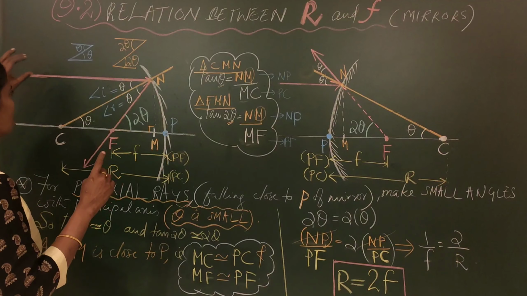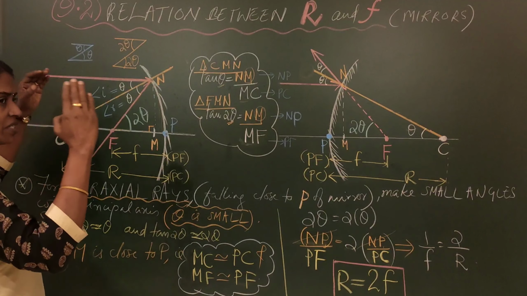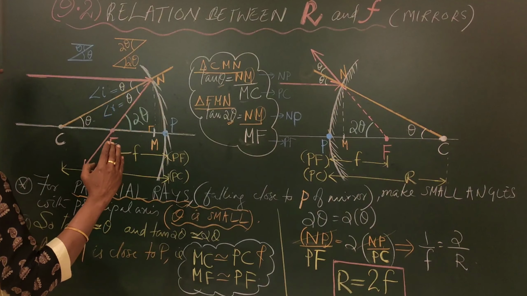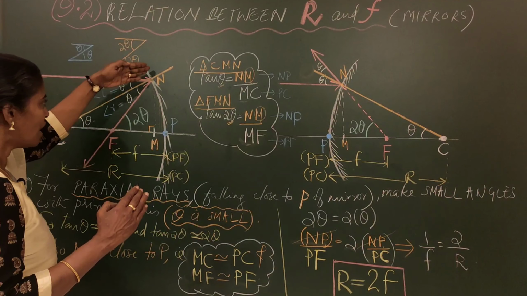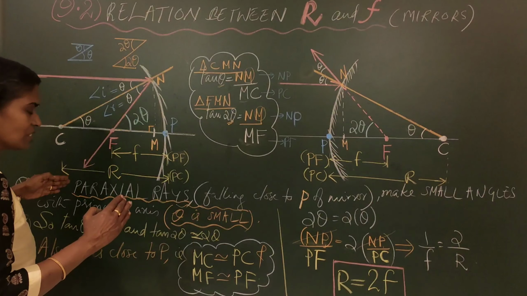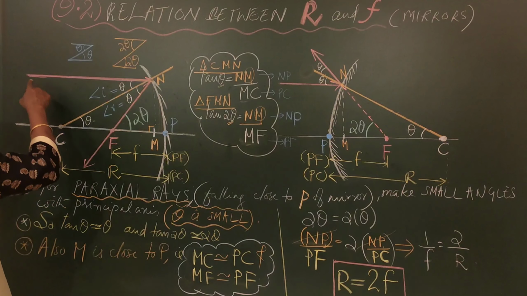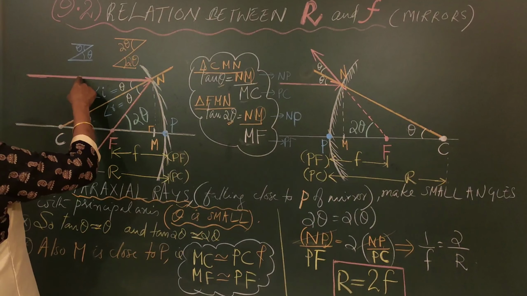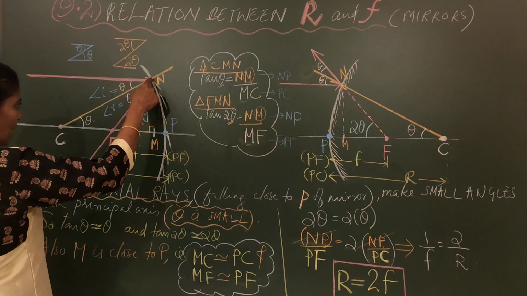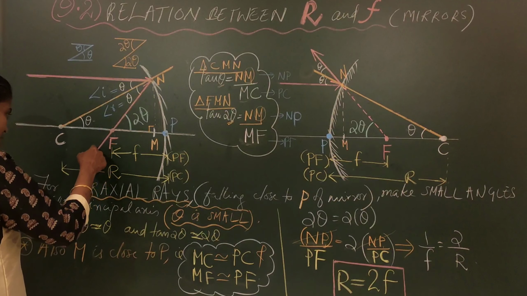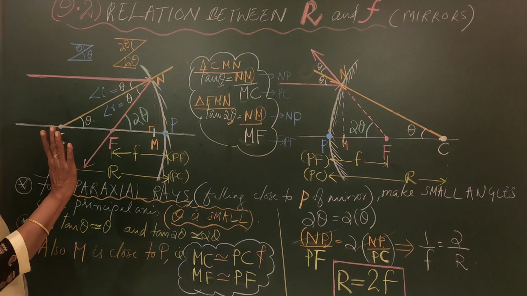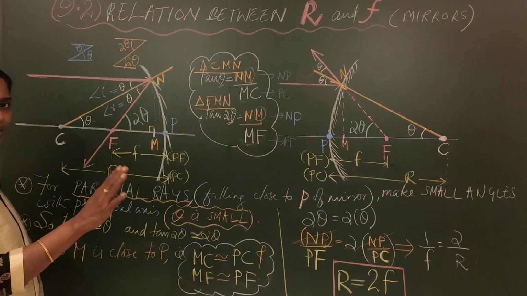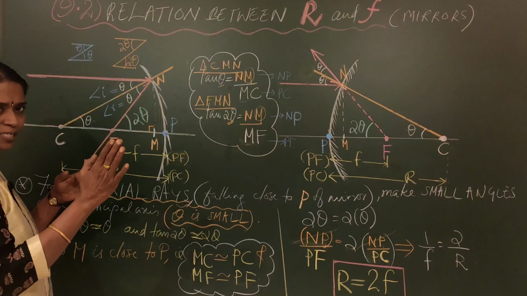Every time I use magenta shade for that, do remember that magenta color means a ray which is coming parallel to the principal axis after reflection goes through the principal focus. This is the way it comes, falls here, and this is the way it goes out, reflected through F. Okay? Now physics is over, the rest is geometrical optics, maths.